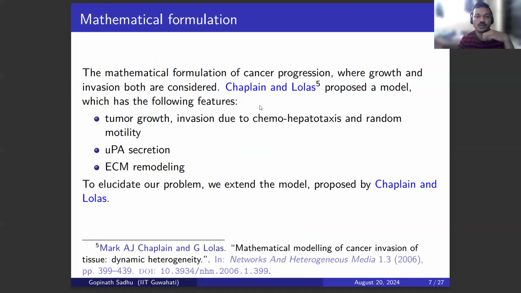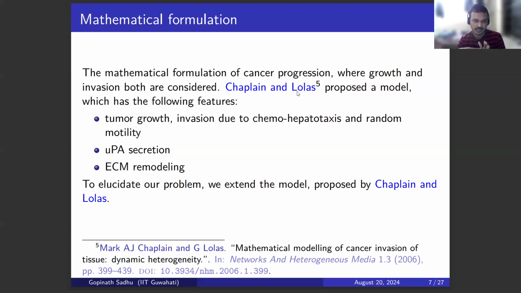To formulate the mathematical model, we used a well-known mathematical model proposed in 2006 by Chaplain and Lawless. They investigated how tumor progression happens, encountering various things like tumor growth and proliferation, and invasion.